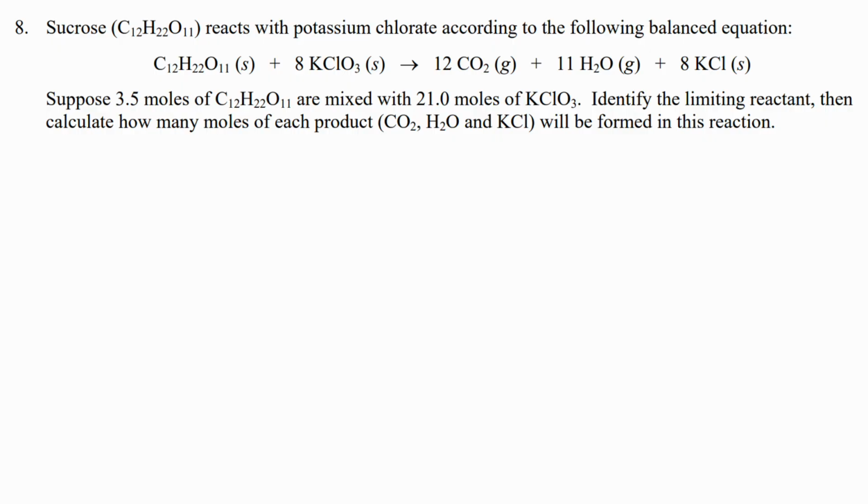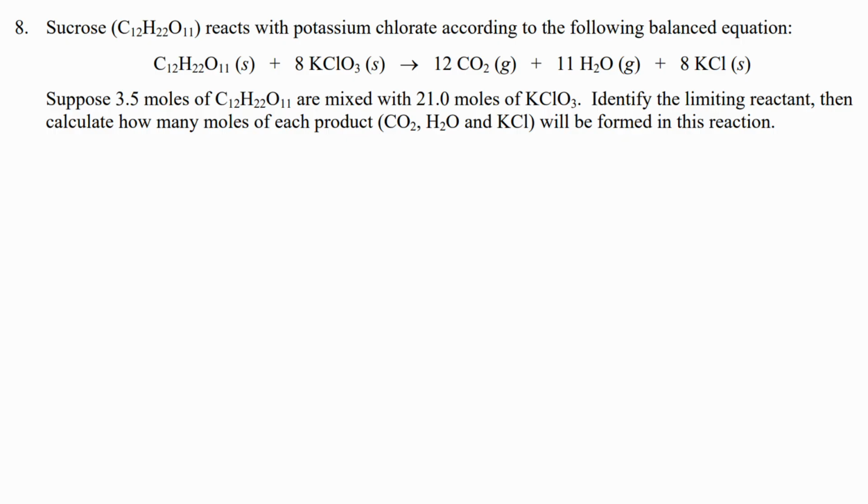All right, number 8 says that sucrose reacts with potassium chlorate according to the following balanced equation. Suppose 3.5 moles of sucrose are mixed with 21 moles of KClO3. Identify the limiting reactant, then calculate how many moles of each product will be formed in this reaction. So first step is we have to figure out which one of these reactants is going to limit how much product is being made.